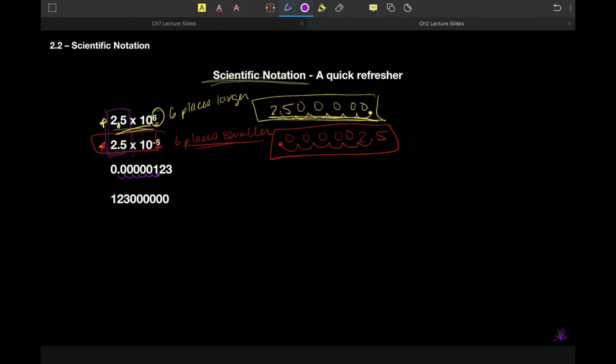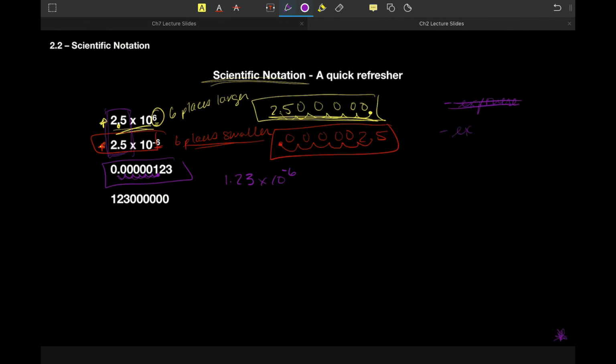Okay? So if we look here again, this was 1, 2, 3, 4, 5, 6 places to get us to 1.23. Now, 10 to the 6th, but it's smaller, so negative 6. Sometimes people get confused about, do I make it negative or positive? Well, is this a small number or a big number? It's a small number.